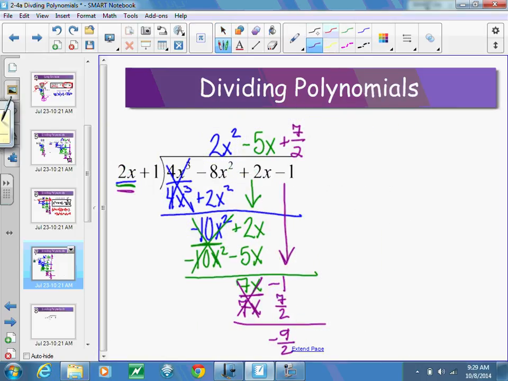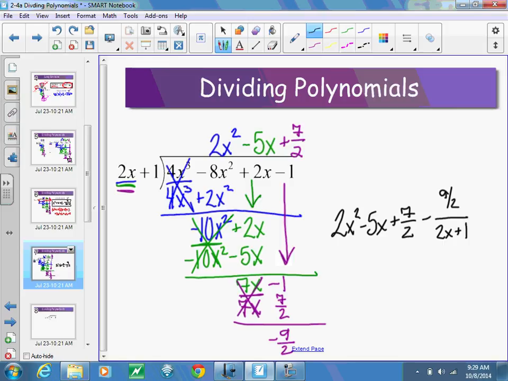So my solution with that remainder is 2x squared minus 5x plus 7 halves, minus 9 halves divided by 2x plus 1. And what we could do here, and I'm not going to get too picky about it right now, is simplify that 9 halves over 2x plus 1 so we did not have a fraction in a fraction. But right now I just want us to focus on working through the division.